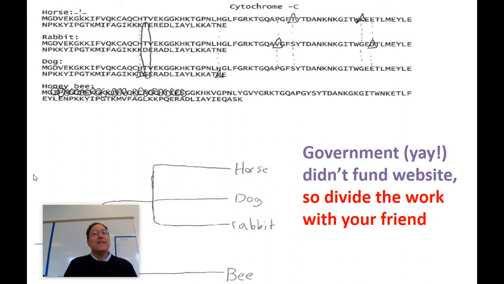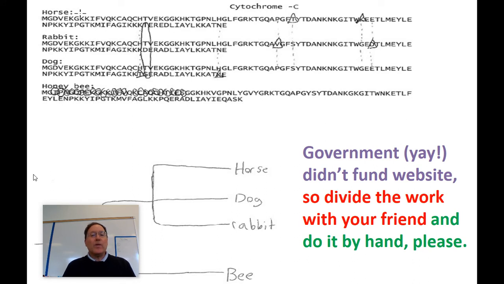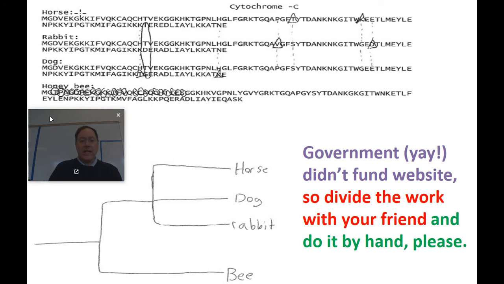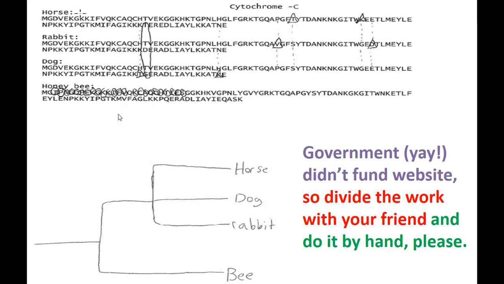It's probably budget cuts, and I'm not going to say any more about that. Divide the work with your friend. What I mean by that is go blind, comparing these sequences, and try to make your own evolutionary relatedness table. You can see one that's done here.